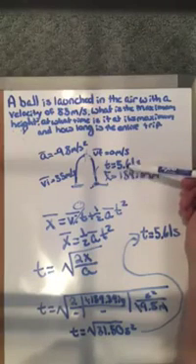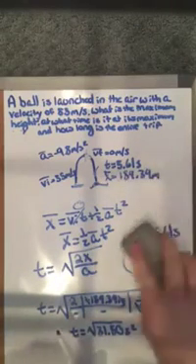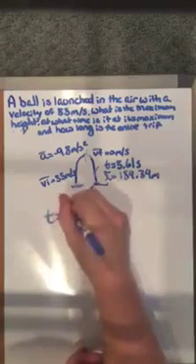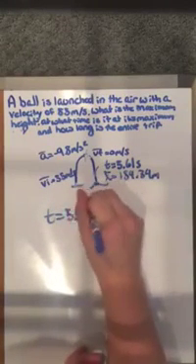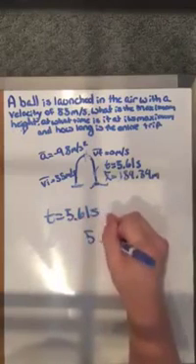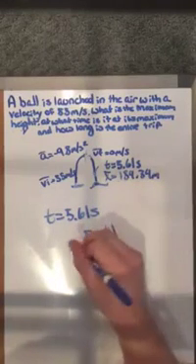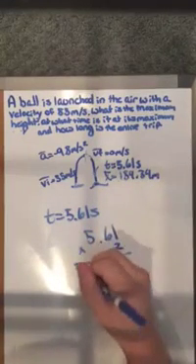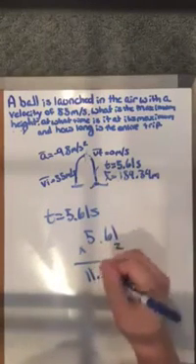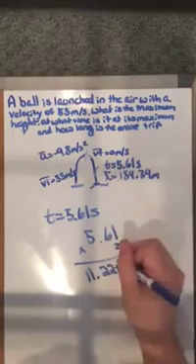So that means what we can do is we can easily take our t equals 5.61 seconds, and we could times this by 2. So you get 5.61 times 2 to get a nice 11.22 seconds as our total trip.